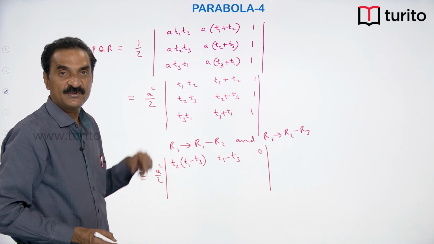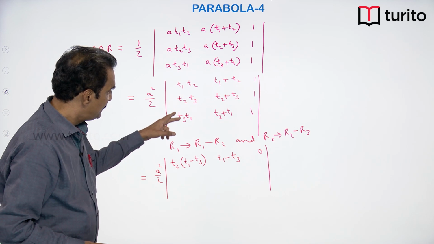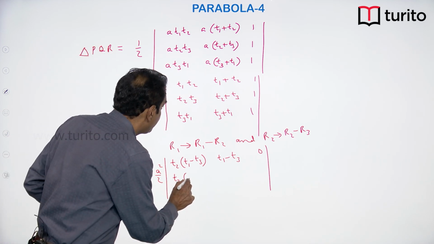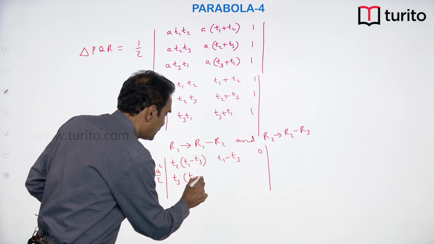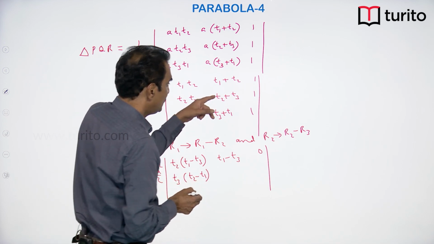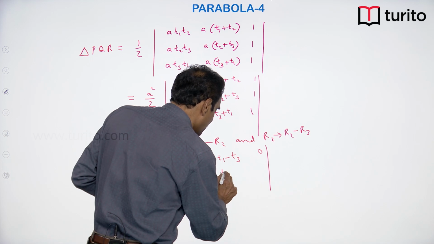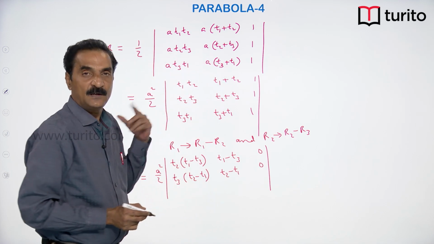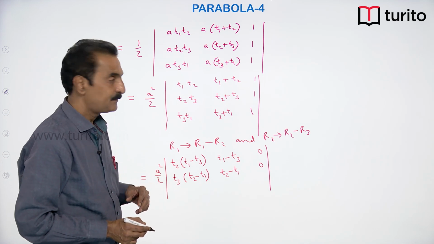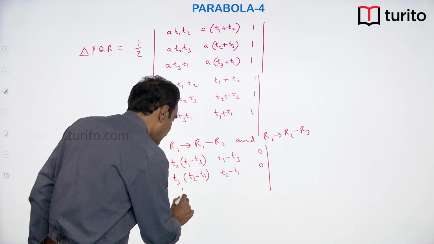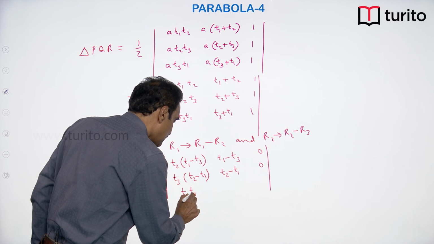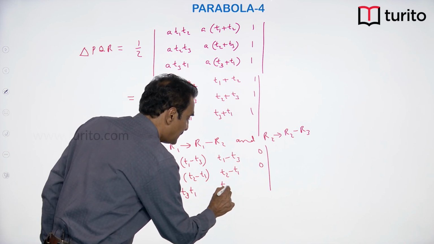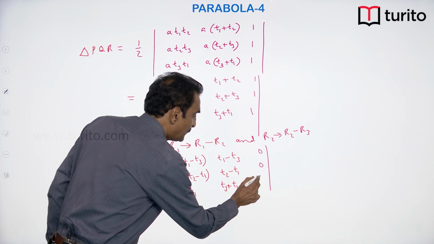Now, second row minus third row. t3 is common, so t3 into t2 minus t1. This minus this will be t2 minus t1, and 0. Now, the third row will be as it is: t3 t1, t3 plus t1, 1.